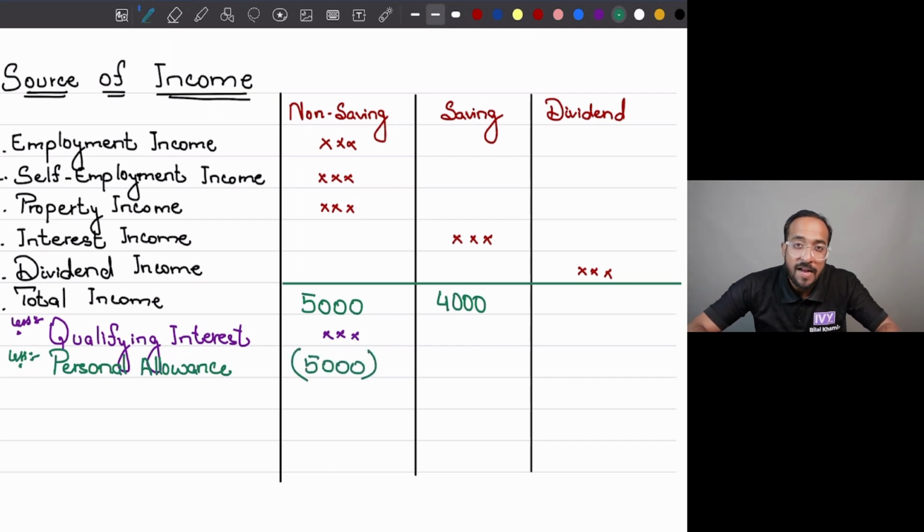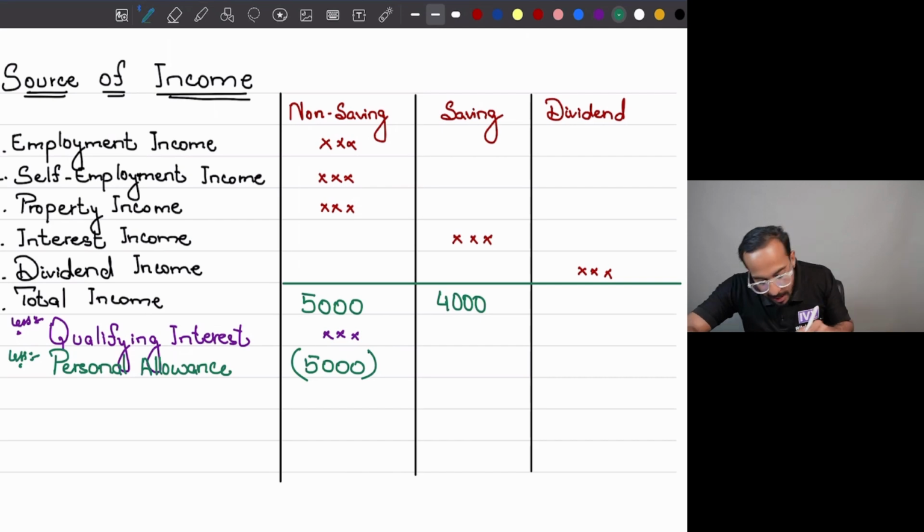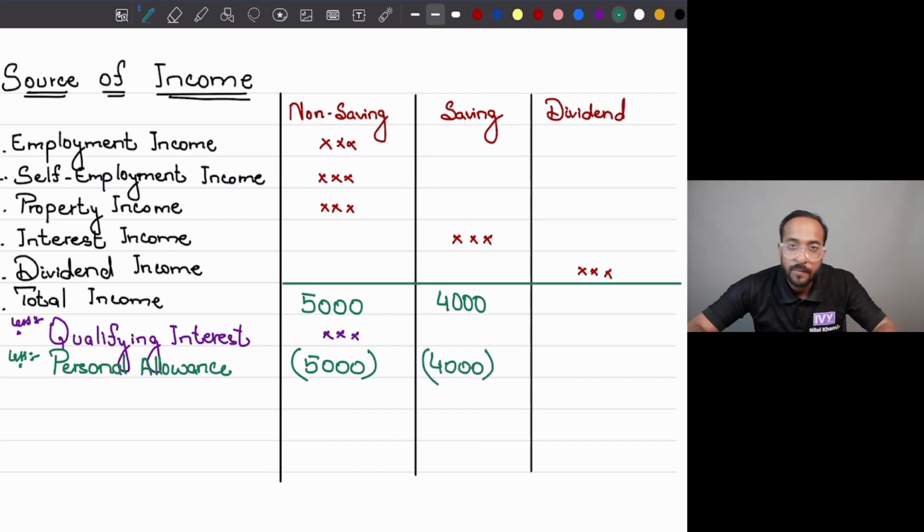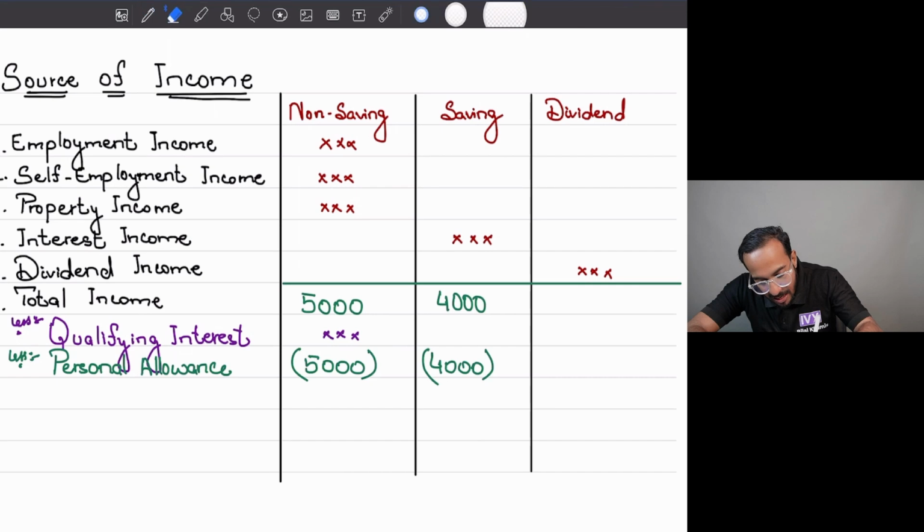From 12,570, I have used 5,000, and I'll carry forward 4,000 in the next column. The remaining personal allowance after deducting 5,000 and 4,000 will be wasted. So, in short, you can carry forward your personal allowance to the next column until it becomes zero, right? So that's the thing which I wanted to explain to you guys.